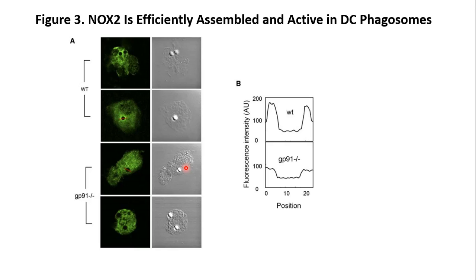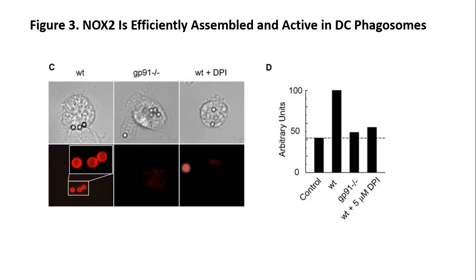DCs have been shown to produce low levels of ROS. So next they went to see if NOX2 is efficiently assembled and active in DC phagosomes.